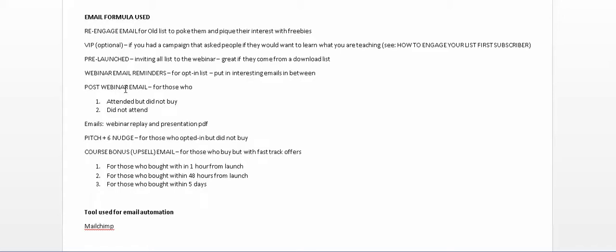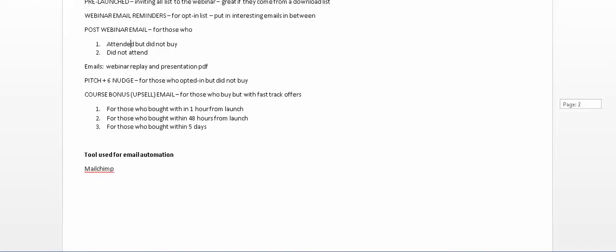Now, post webinar email for those who have attended but did not buy, and of course did not attend. And then emails, webinar replay, and then your presentation PDF. So you might want to give your presentation PDF to those who attended but did not buy. And for those who did not attend, they could go to your webinar replay and just watch the webinar again.